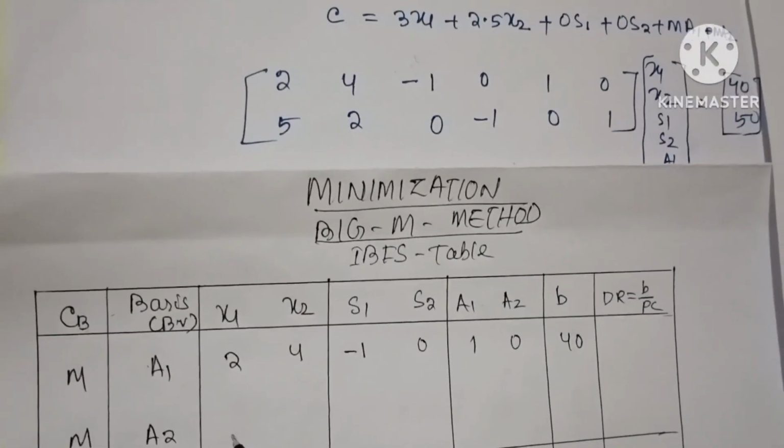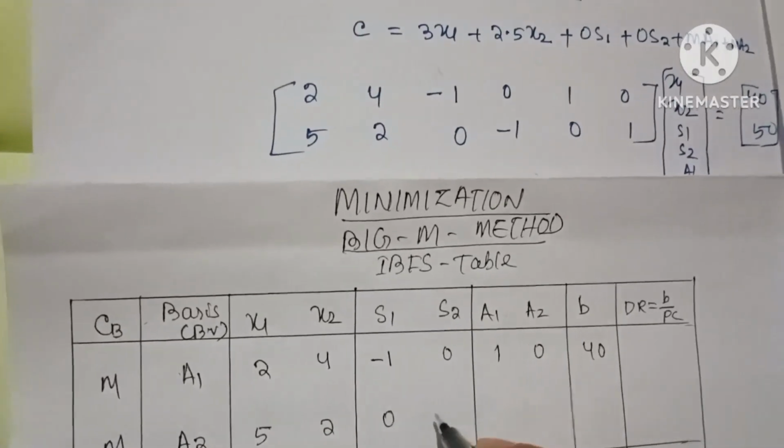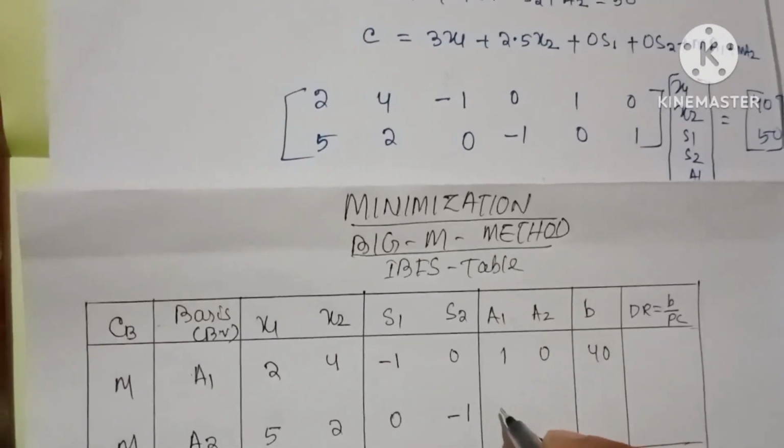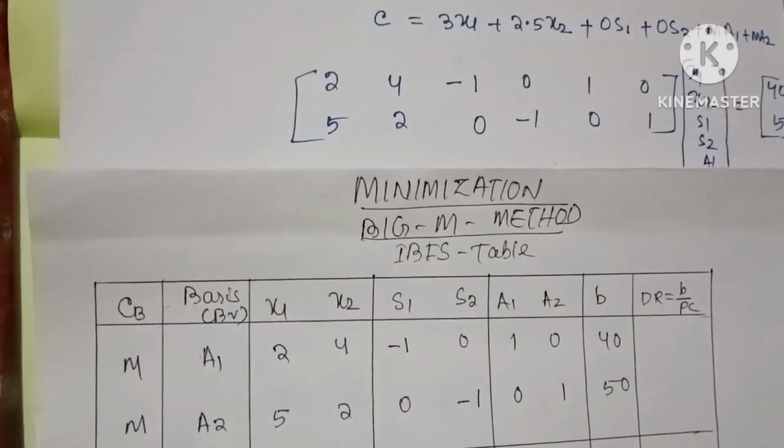Then next we write 5, 2, 0, minus 1, 0, 1, and 50.